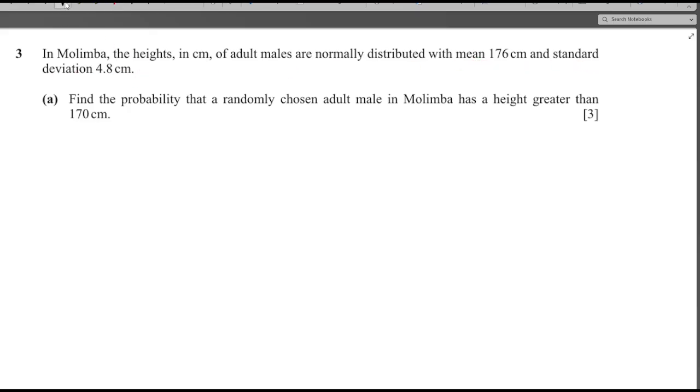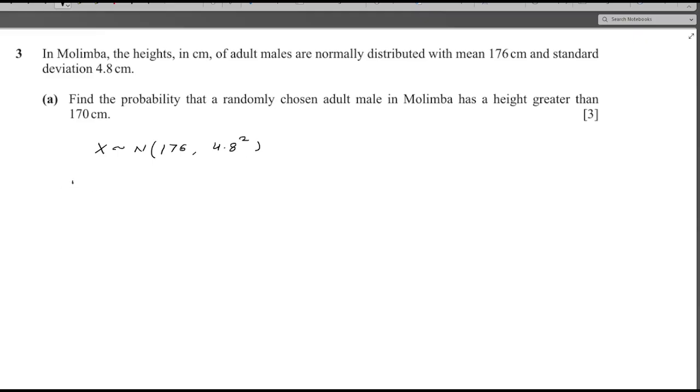So if I represent my random variable X as the height in centimeters of an adult male, then X follows a normal distribution with mean 176 centimeters and variance 4.8 squared.